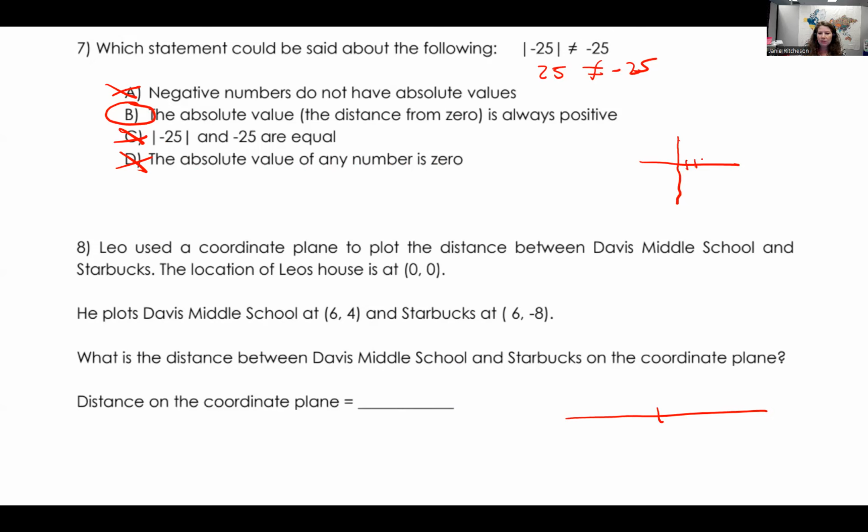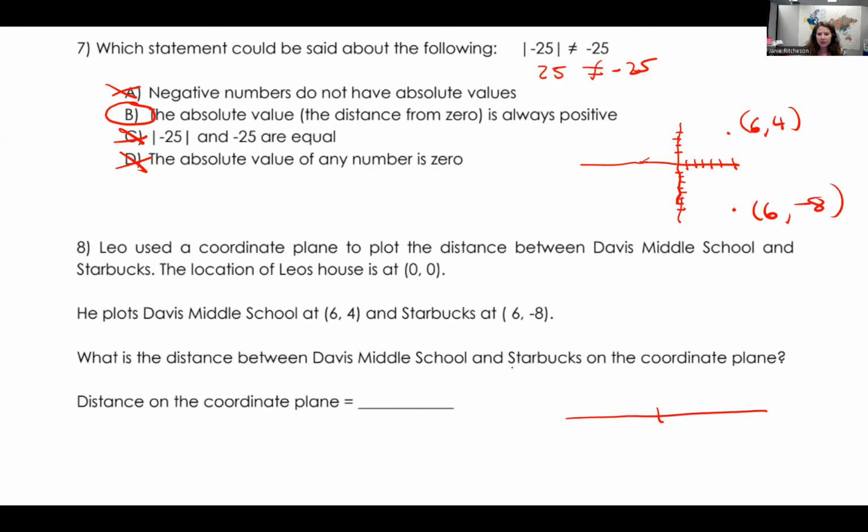So 1, 2, 3, 4, 5, 6, and 1, 2, 3, 4. So there is Davis Middle School. Starbucks is at 6, -8. 1, 2, 3, 4, 5, 6, 7, 8, about right here. So this is 6, 4 and this is 6, -8.